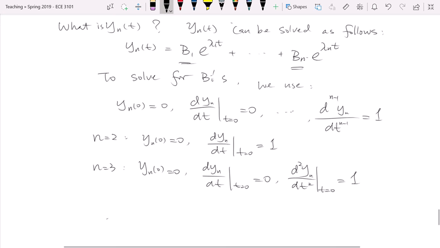And the rest of the procedure will be exactly the same as what you have seen in zero input response. Okay. And this is the general procedure. In the next video, or the next lecture, we'll use an example to illustrate this process, how to solve for the unit impulse response of an LTI system using this methodology, or using this procedure, or using these equations.